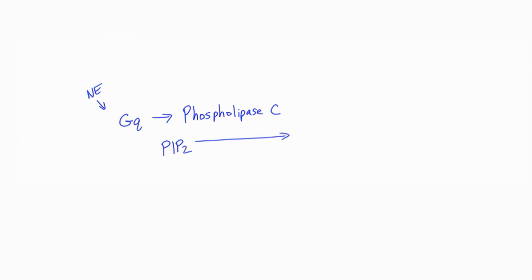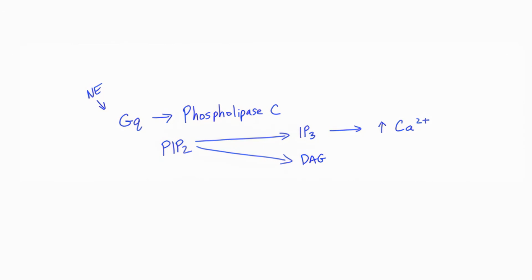So phospholipase C cleaves PIP2 into 2 chemicals, IP3 and DAG, and both of these have downstream effects. IP3 is inositol triphosphate, and inositol triphosphate increases intracellular calcium. Again, calcium is very important. That increase in intracellular calcium can then mediate any number of different effects.